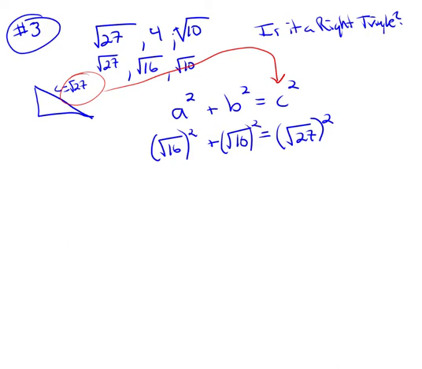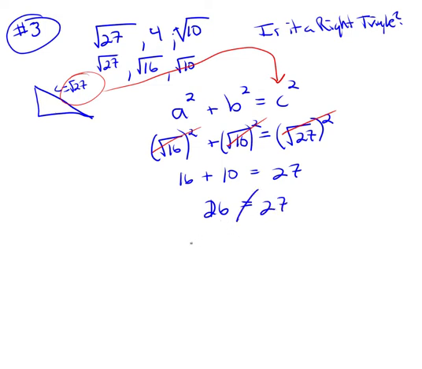Now the square roots and squares cancel out, and we're left with 16 plus 10 equals 27. That would be 26 equals 27, and that is not true.